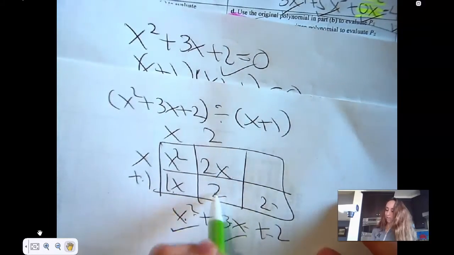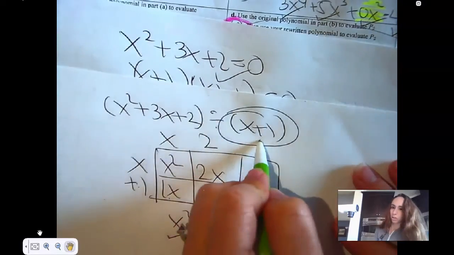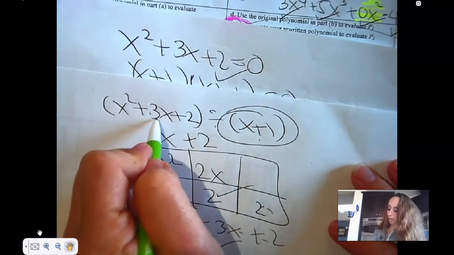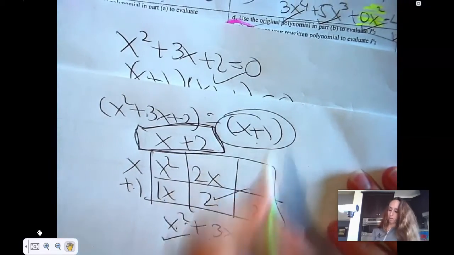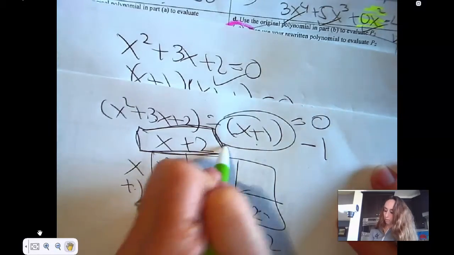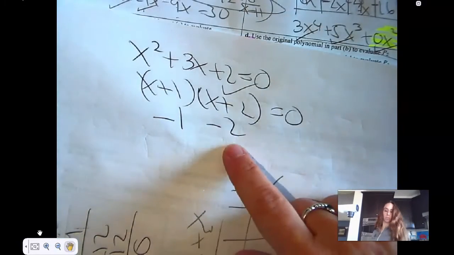Oh, look at that. That is what I'm supposed to get. This is a factor of this polynomial. The answer, when I divided this divided by this, is this. This is a 0. The 0's at -1. This is also a 0 at -2, things we found out before.